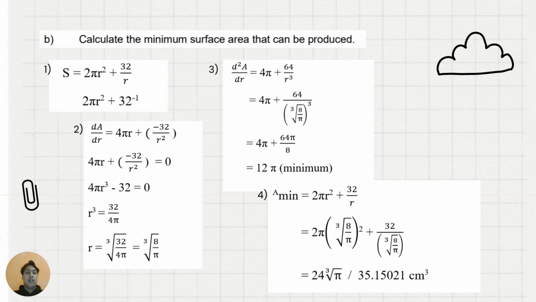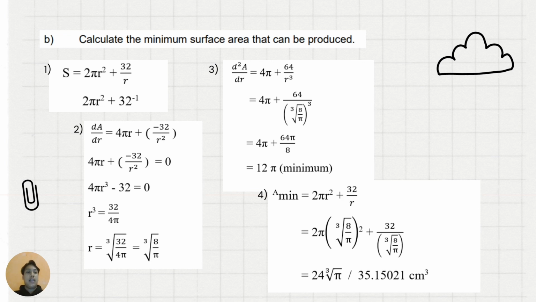And then we set the equation equal to 0. After that, to remove the r, we multiply the whole equation by r squared. So, this will be 4 pi r cubed minus 32 equals 0. What we do next is we move 32 to the right side and 4 pi to the right side.